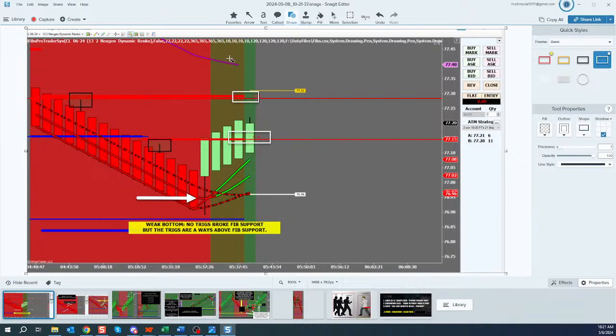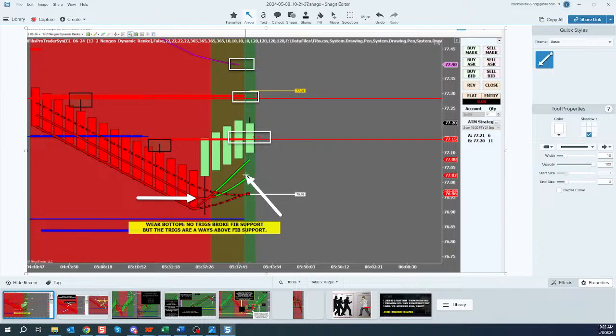I don't know which form of resistance is going to hold. I don't know if it's going to be this fib, this fib, or the mid band. And especially when my small triggers turn, when my large triggers start to roll, I don't know if it's going to hold at all. So this is one of those times where if I want to go short, I go back to that confirmation thing.